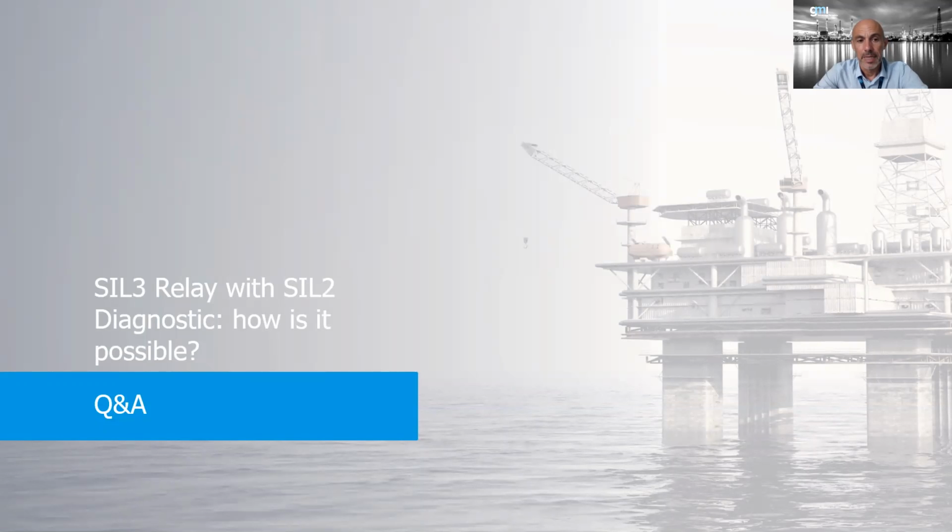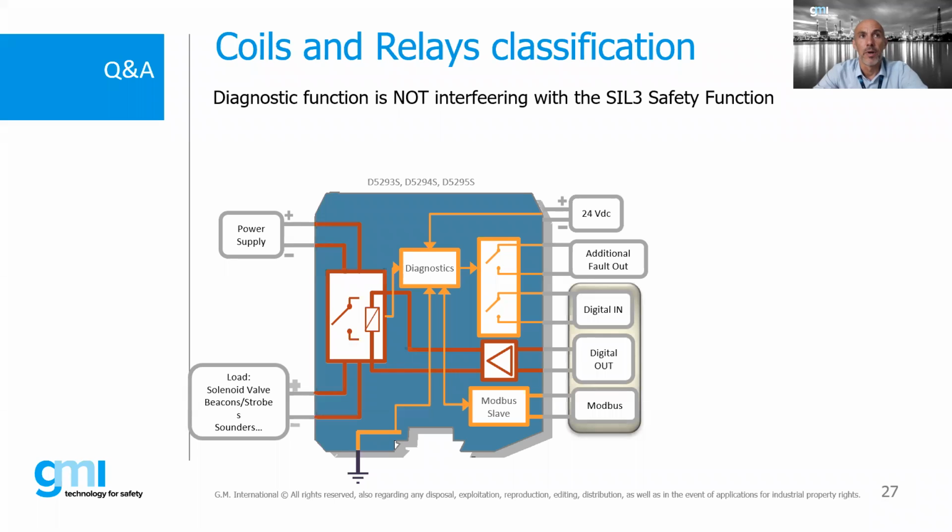Another point was the SIL3 relay with SIL2 diagnostic. How is it possible? We talked about it earlier. Remember that there are applications where, if you want to claim a certain SIL level for your loop, and this must be SIL3, all the components in the loop must have SIL3 certification. But inside here, nowadays we have SIL2 diagnostic because it is software based, and software is very difficult to take over SIL2.